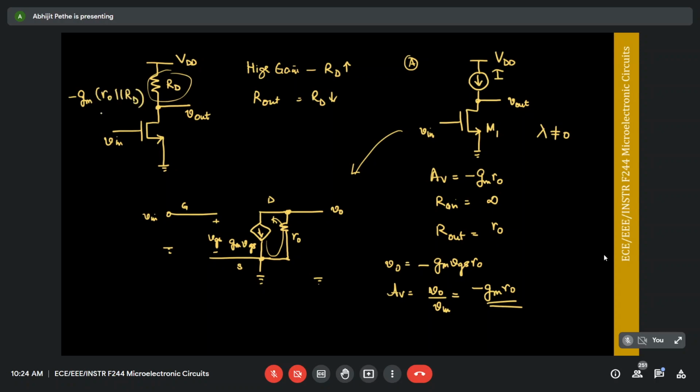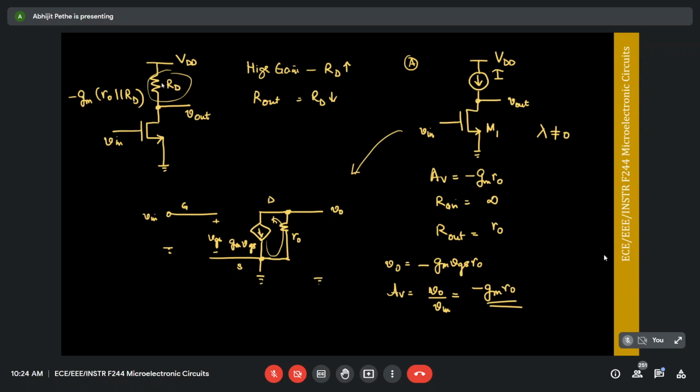In most cases ro is a high number, so ro parallel RD is always going to be less than ro, because RD is normally less than ro. So if I'm able to replace this resistor with an ideal current source, I can get the maximum gain.